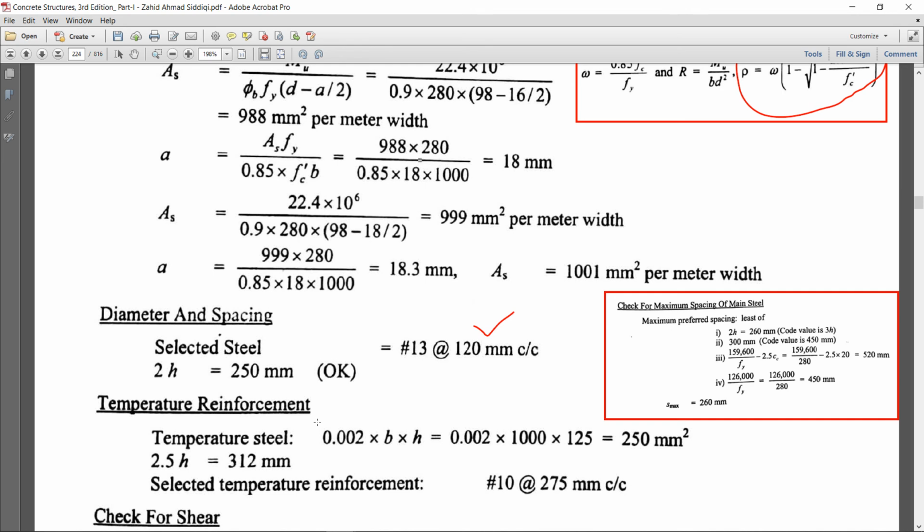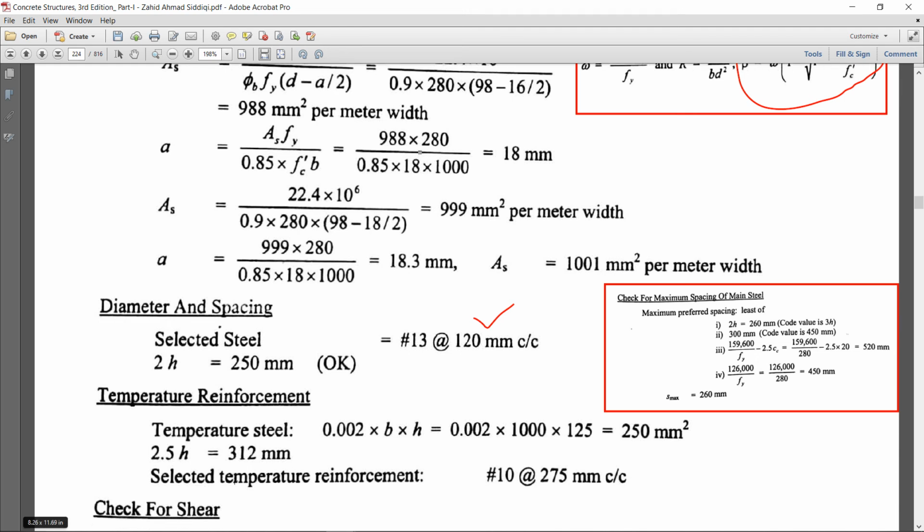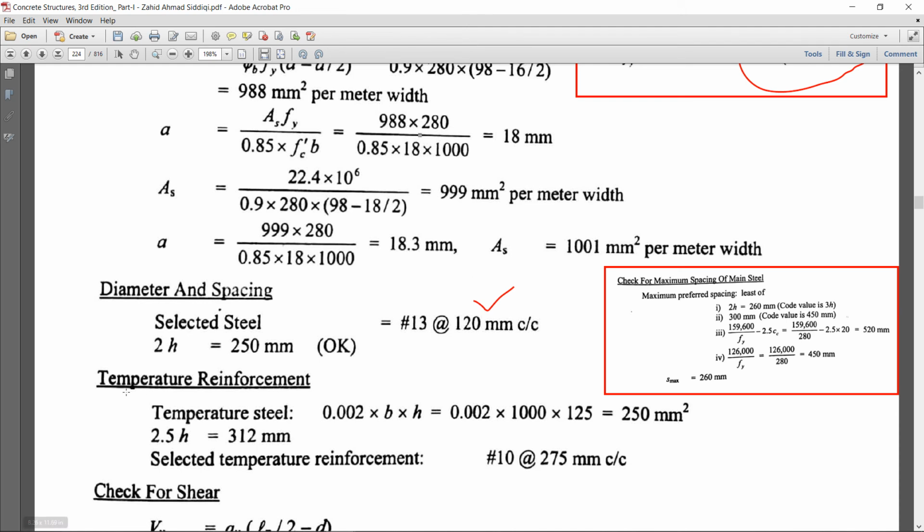Now we will provide the temperature reinforcement. That is for grade 280, that is 0.002 bh. So 1000 into h, that is 250 millimeter square. Again, you will select the criteria for the spacing of the temperature reinforcement, that comes as number 10 at 275 millimeter. Again, you will calculate the same way. This is the required area of steel.